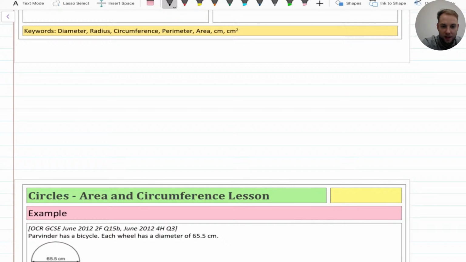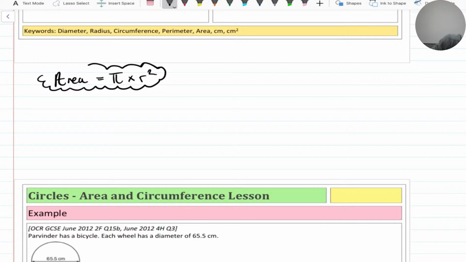Some people have put it in the notes. So the area of a circle is equal to pi times the radius squared. I am going to start by writing that just because it's important that we know what these formulas are.